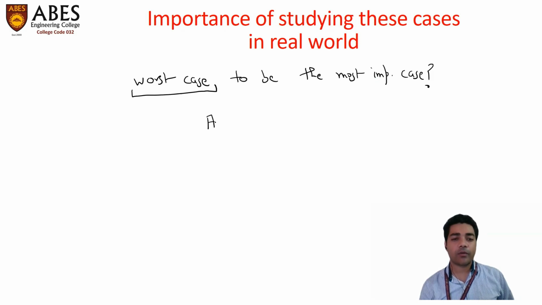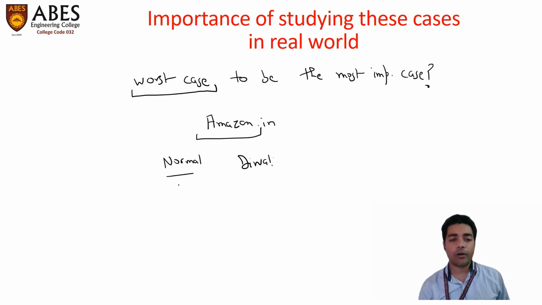We have Amazon.in in India, and suppose there is a festival of Diwali. On normal days, let's say there are 10,000 people coming on the website regularly.